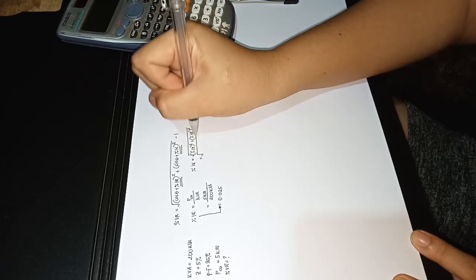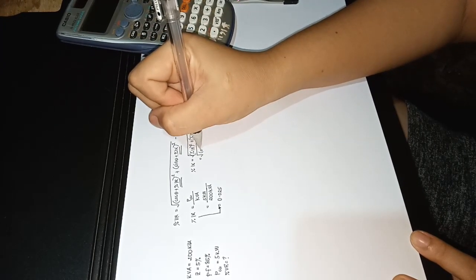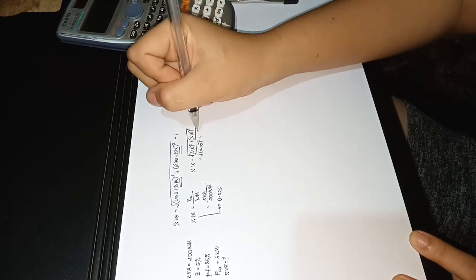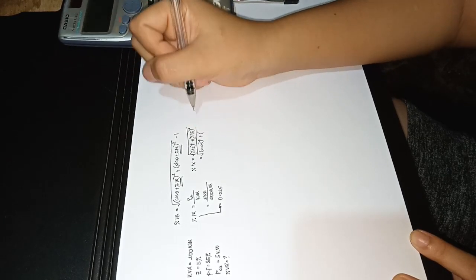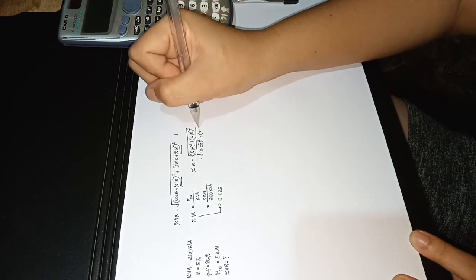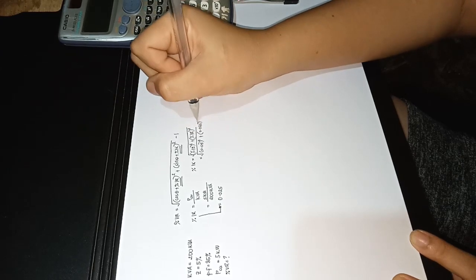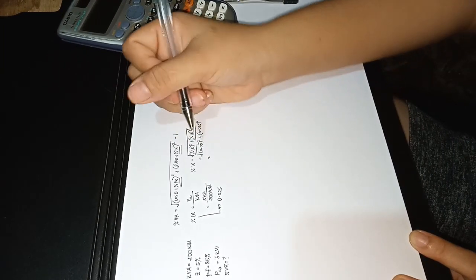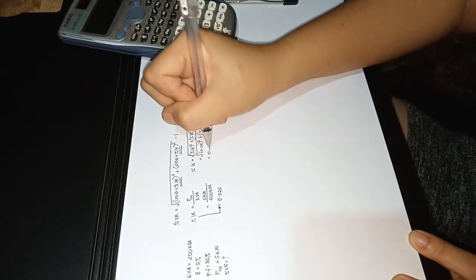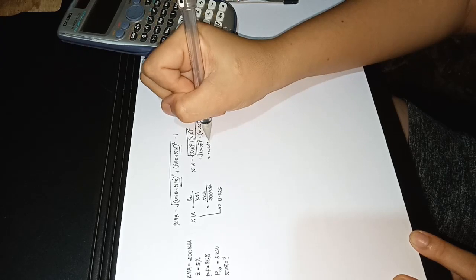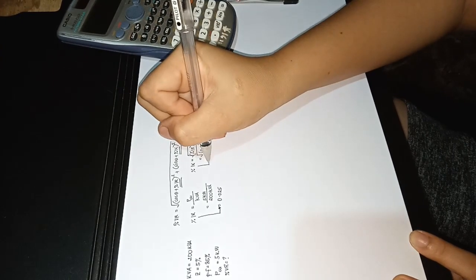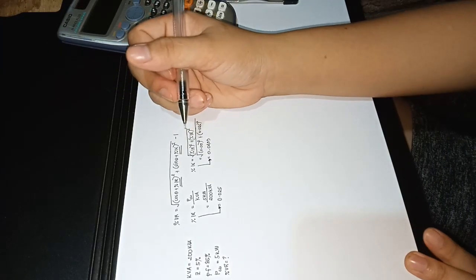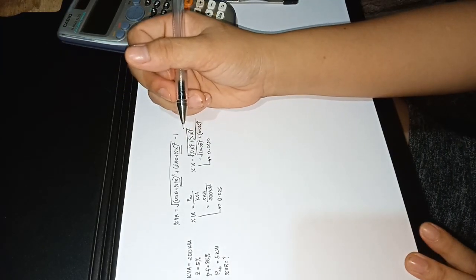Percent IZ squared is 0.05, plus the percent IR, 0.025, equals 0.0433. So percent IX is 0.0433.